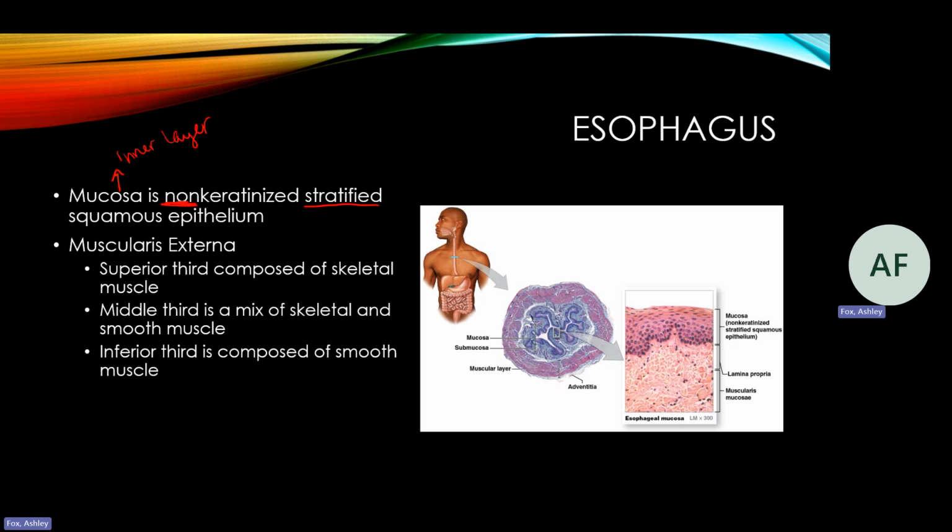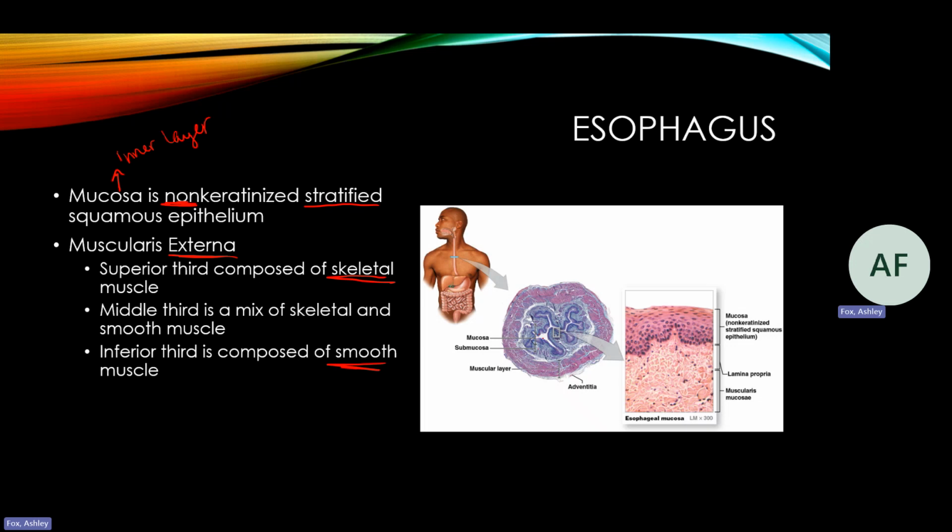We also have a muscularis externa, which is the external muscle layer. The superior third, the top part, is going to be made up of skeletal muscle. And then the middle is a mix, and then we go to completely smooth. So it actually transitions over time.